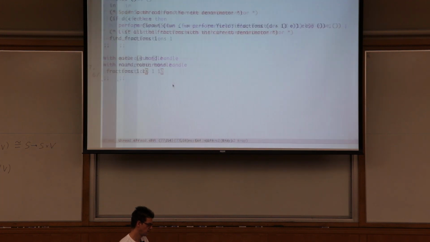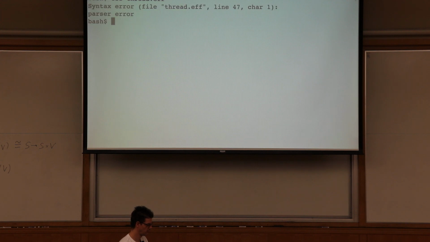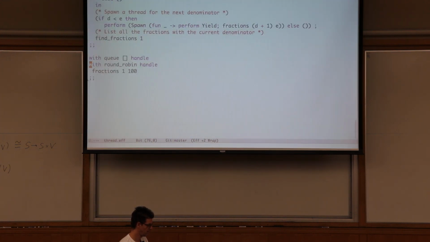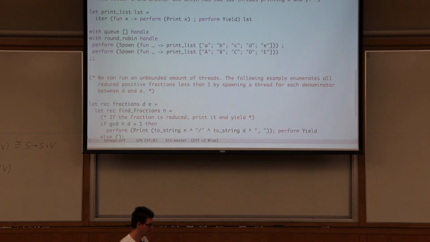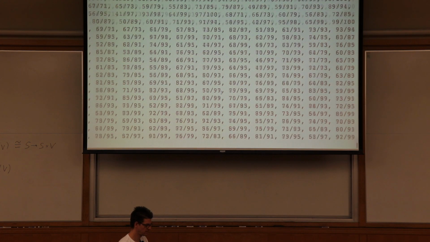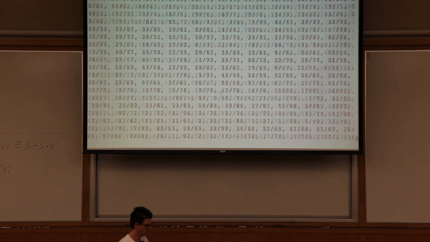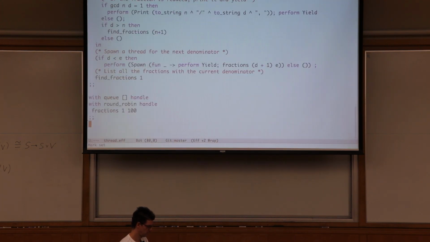So if I do lots of them, then it will take some time to do it, and then we should be able to see line 47. I made an insignificant change. Okay, so now it was printing them, and this was lots of threads printing fractions.